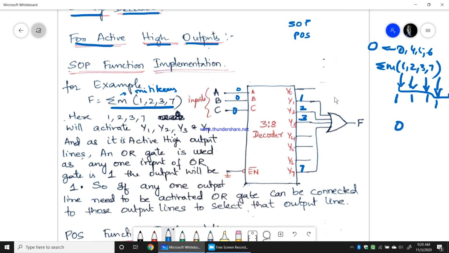Now we are using an OR gate here. The reason for using an OR gate is that if any one input of the OR gate is 1, the output will remain 1. So out of 1 2 3 7, all are inputs, and the output is 1 because of the min terms. Therefore that is given to the OR gate, where f will be equal to 1 for any output line that is activated.